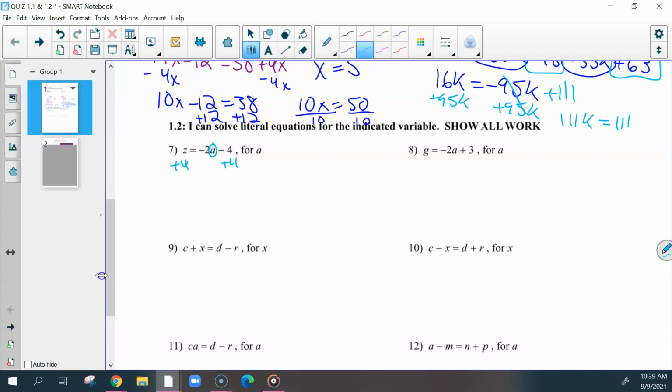No. So that would just be z plus 4 minus 2a. Just moving it to the other side, and now it's there, kind of in the way, but I can't do anything with it. Then divide both sides by -2.